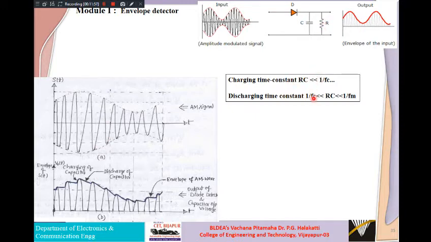So this can be met by keeping the charging time constant very much less than the reciprocal of the carrier frequency, and the discharging time can be made very large by keeping the time constant between the reciprocal of the carrier and message frequencies. Okay, so like this, with the proper adjustment of these two R and C values, we are able to tune to get this envelope.